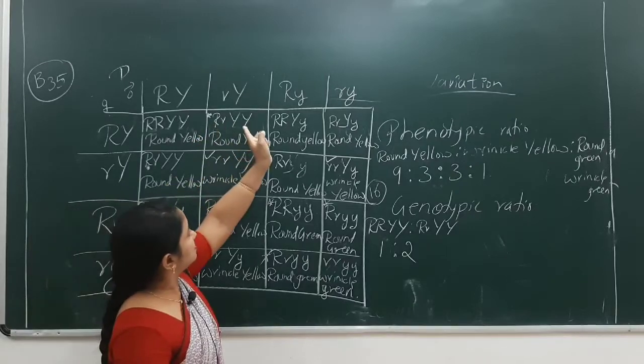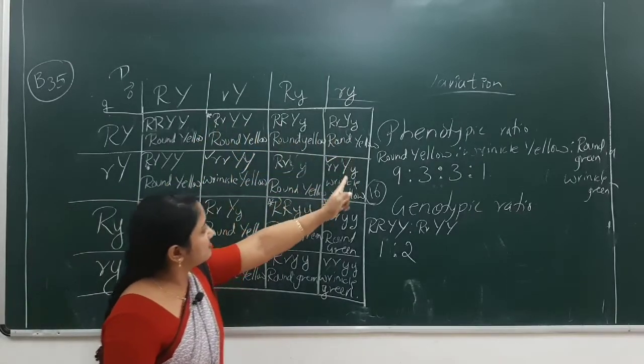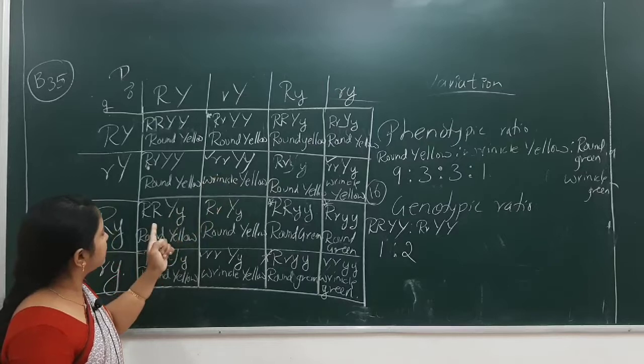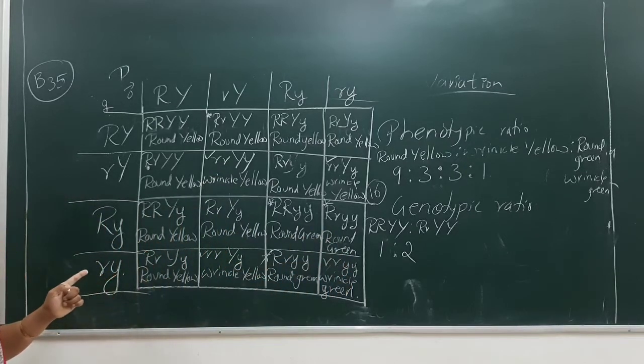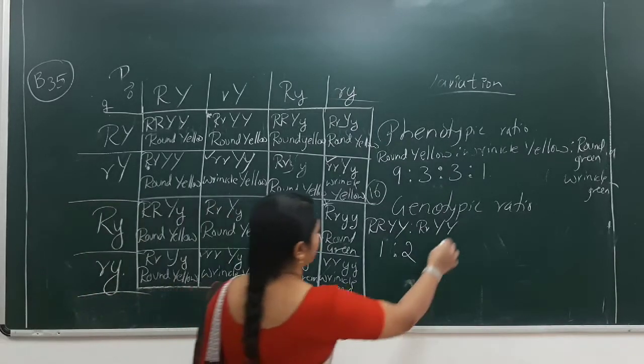Search it. Is there anywhere else having the same type of genotype, capital R, small r, capital Y? No, right? Just write this as 2.